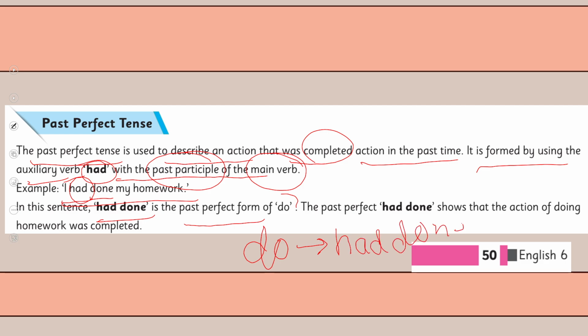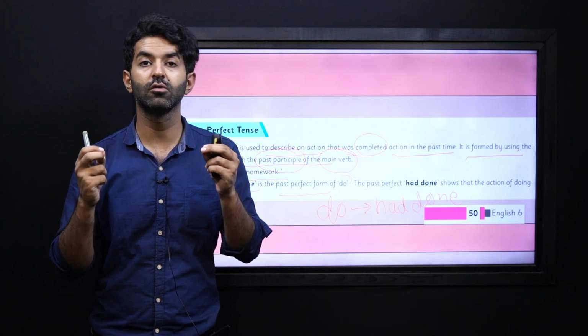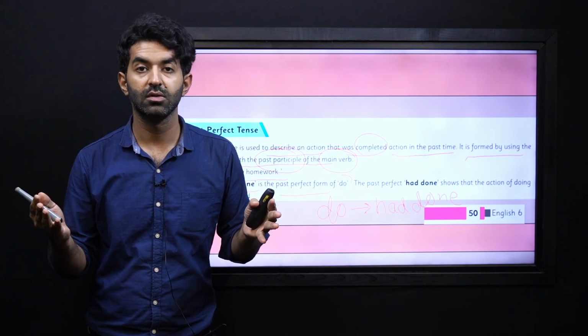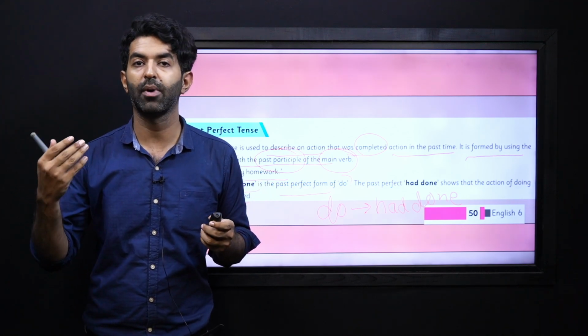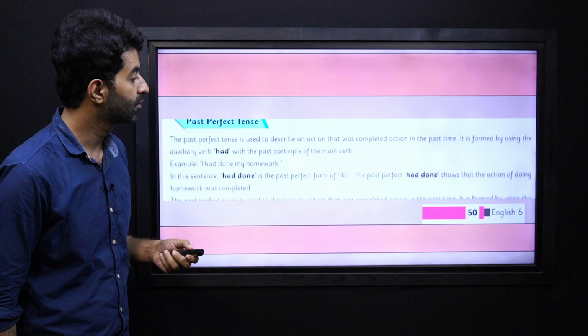All right. The past perfect had done shows that the action of doing homework was completed right at that time in the past. This is why we call it past perfect tense. And you can see we used had done, the past form of do, the past form of have, and then we can achieve our past perfect tense.